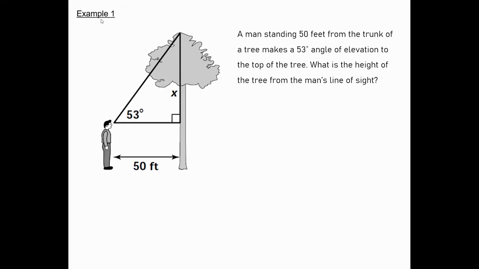Okay, so that means if he's standing 50 feet from the tree, then his 53 degrees means that the 50 feet will be my adjacent, and the height of the tree, what we are asking for, would be my opposite. Which trigonometry formula uses opposite and adjacent, guys?